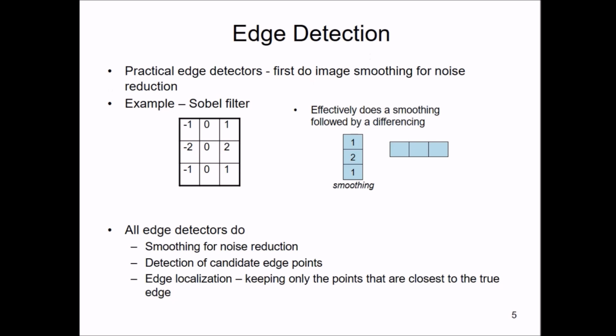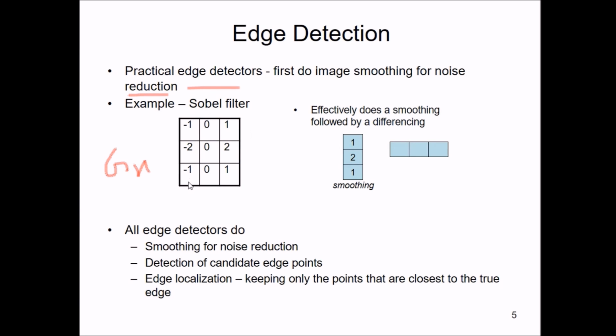Then we have edge detection. Practical edge detectors first do image smoothing for noise reduction. Most edge detectors, before they actually detect the edge, do image smoothing for noise reduction. For example, the Sobel filter: this is the gx direction, with -1, -2, -1 on one side and 1, 2, 1 on the other, followed by differencing. So the 1, 2, 1 is smoothing, and then the differencing. So what will be gy?